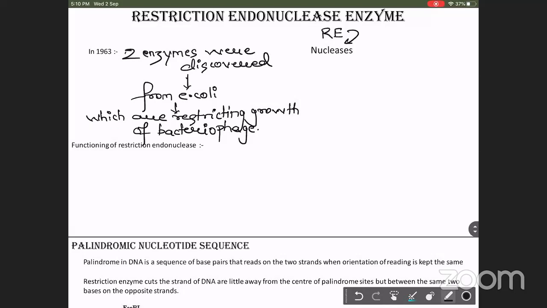Can anyone tell what do you mean by the nucleases?